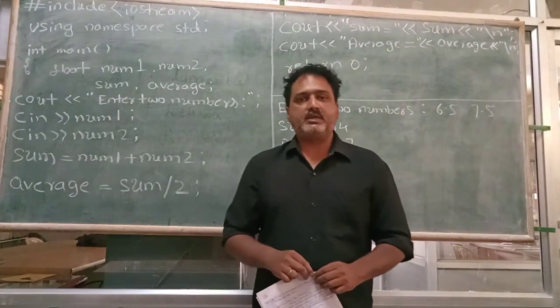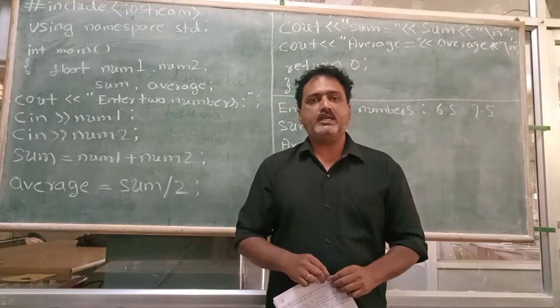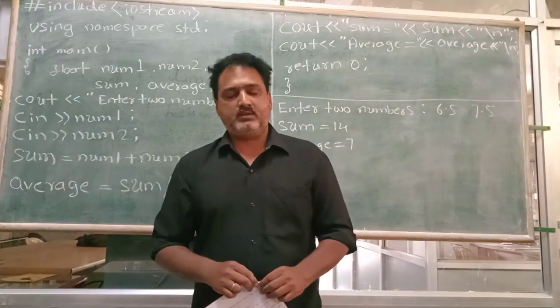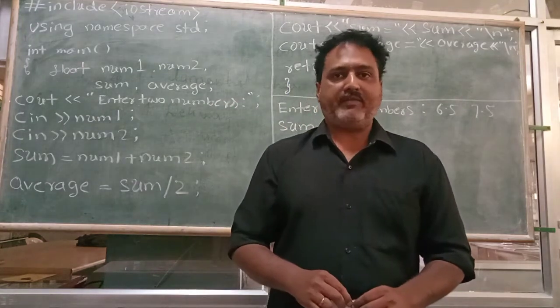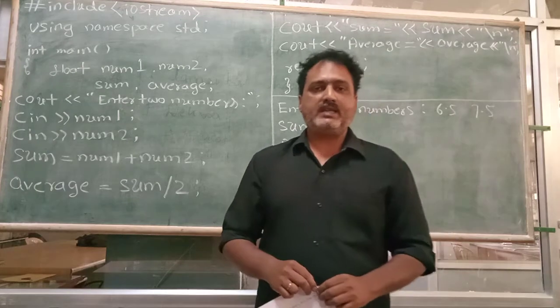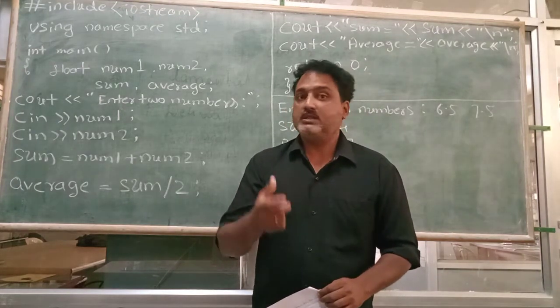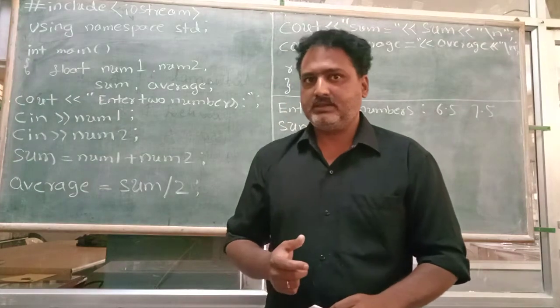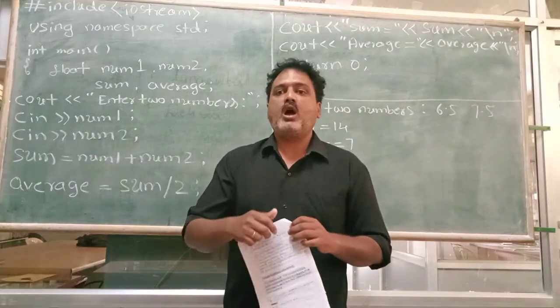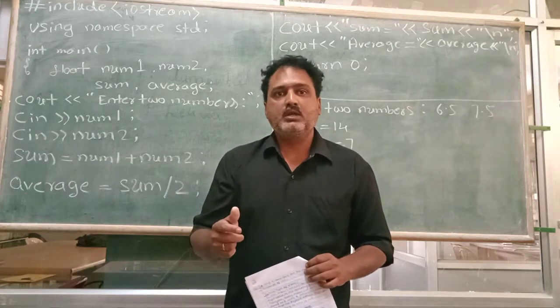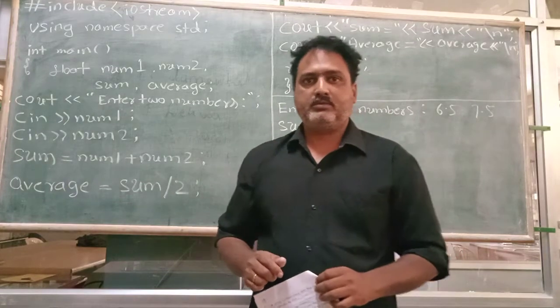Today in C++ we are going to study what are input and output operators. You have studied C language already. In C language, to input values we use scanf statements, and to give output values we use printf statements.